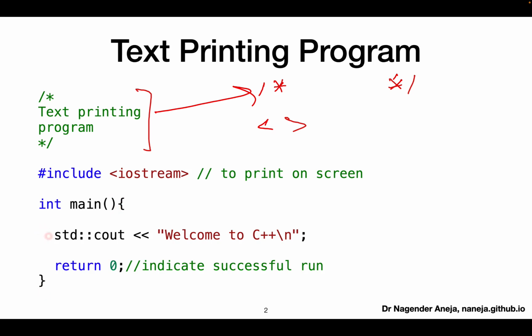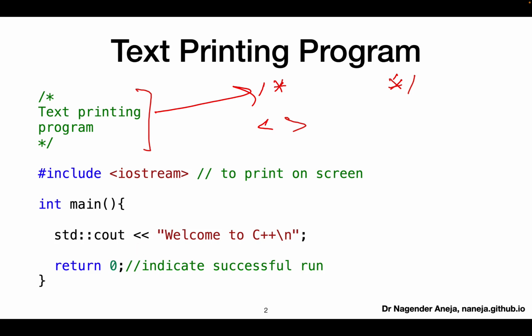After that we have some spaces, which is called the indentation, and we can have more space after each statement, as you can see here. Then we have standard, std, and a double colon, which is the scope resolution operator. And cout, and the double angle brackets, which is the insertion operator.